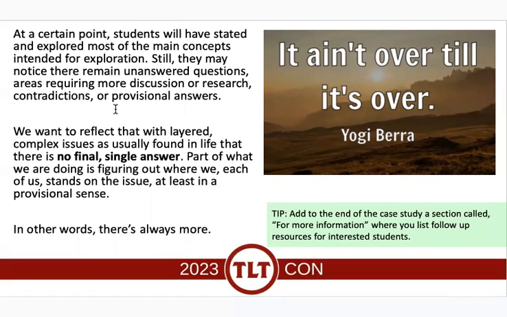Part of what we're doing is figuring out where we, each of us, stand in relation to this issue, where our opinion sits, where our reasoned understanding begins to open up the world for us. So in a sense, there's always going to be more, and I don't think this is a particularly bad thing. I think it's one of the benefits of a case study. As Yogi Berra said, it ain't over till it's over.